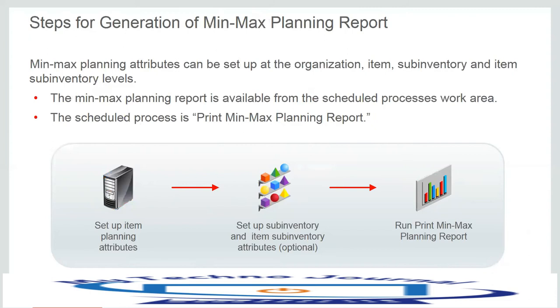Whenever there are items which fall below the minimum quantity, the system will consider all those items and show you in the report that these are the items which are below their minimum quantity, and it will also generate the replenishment orders for all such items in the respective applications.